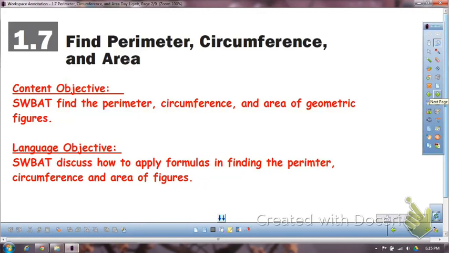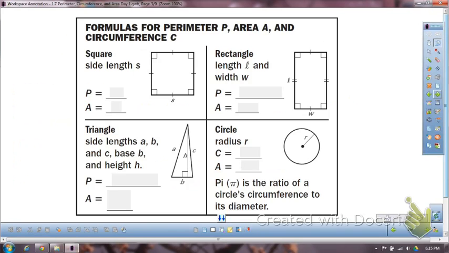Let's go ahead and review all the formulas. So here are the formulas once again for the figures you'll be finding the perimeter, area, and circumference for. Now when you want to do the perimeter of a square, remember that all of the sides are congruent in a square, and the square also has 4 right angles.